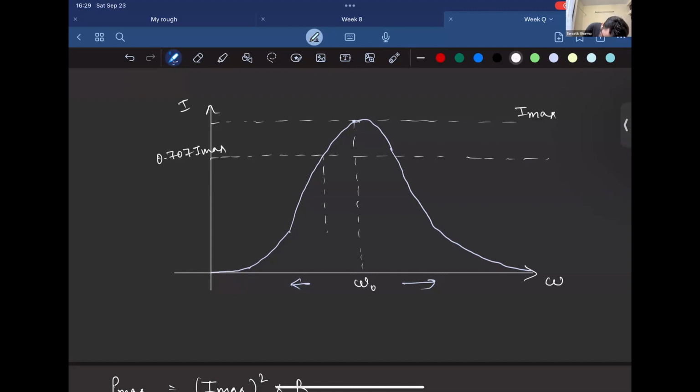So these two frequencies are called half power frequencies because at these frequencies the power is exactly half of the maximum power.